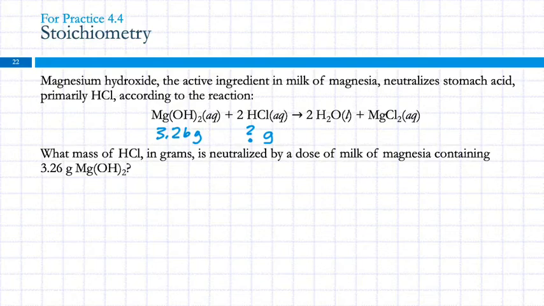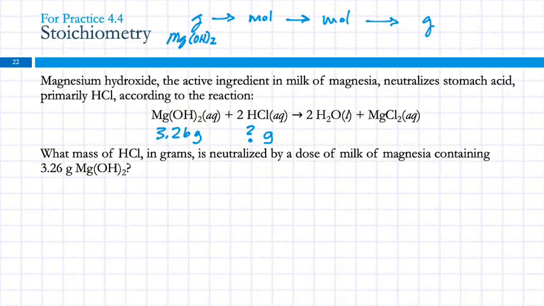So what's the path? Grams to moles to moles to grams. So I'm going to write it up here. Grams to moles to grams. Well, what am I starting with? Grams of what? Magnesium hydroxide. The thing I have the number for, right? So I'm starting with that.